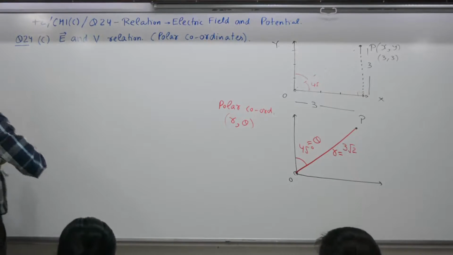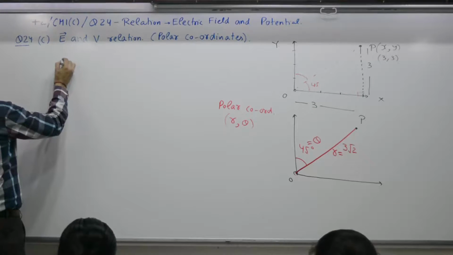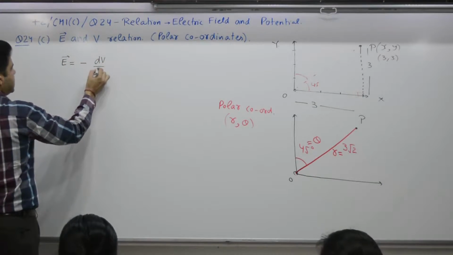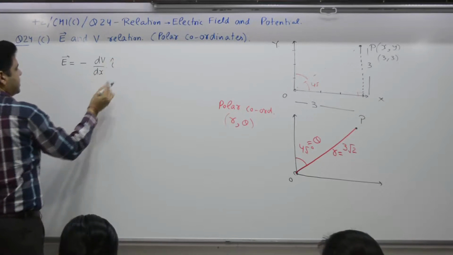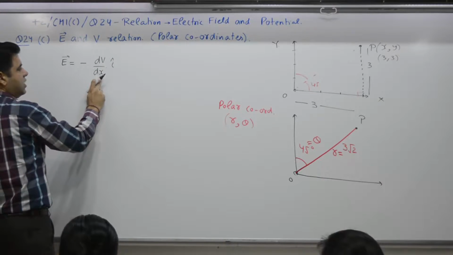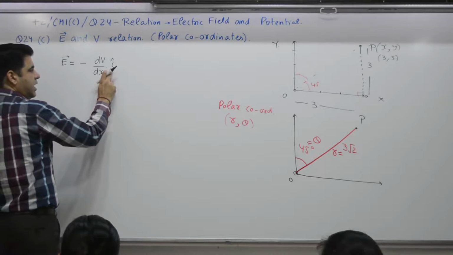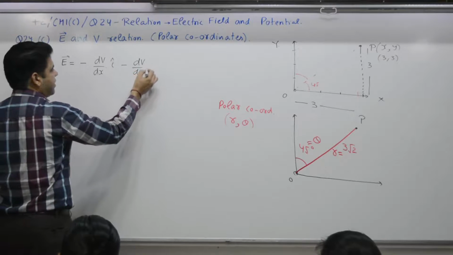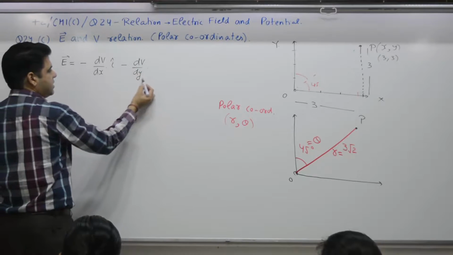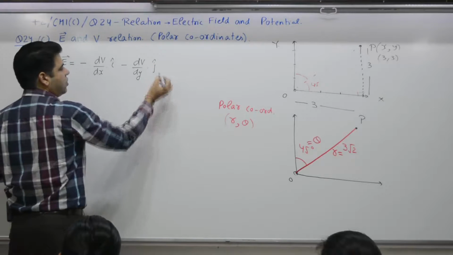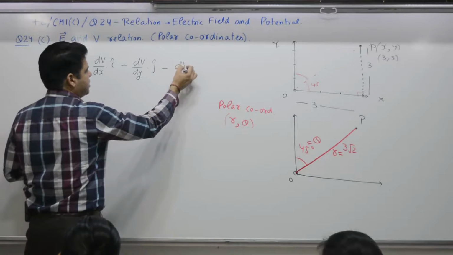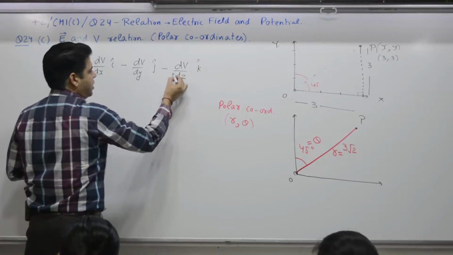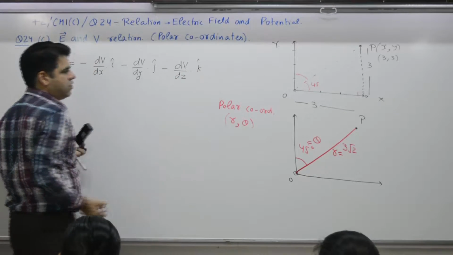We dealt with this yesterday in the previous part: E is equal to minus change in V by change in x along, a small increment along the x-axis direction, i, minus dV by dy, a small increase along y, direction along j, minus dV by dz along k, a small increase along z and direction along k.